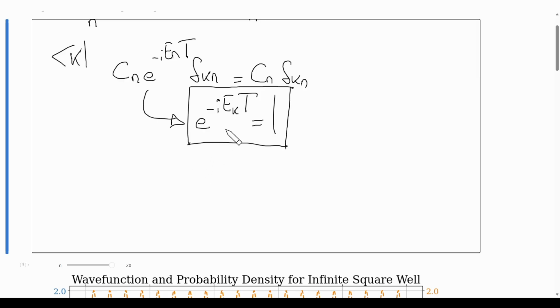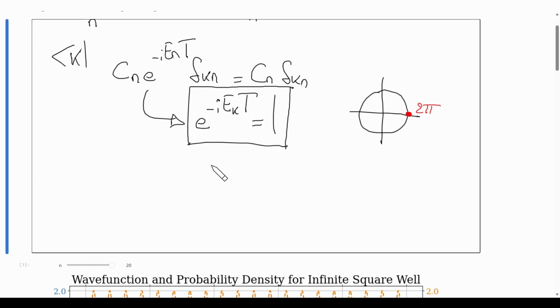So again, the trigonometric circle, when does exponential minus i something equal 1? It's when we are at this point. So either 0, but 0 is not a good time for us here, or 2 pi, or any factor times 2 pi.